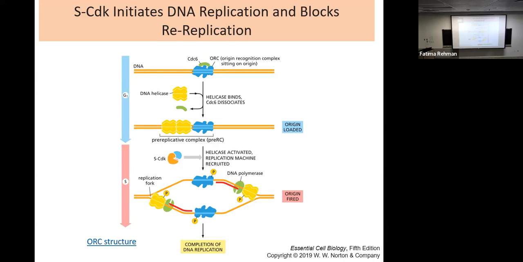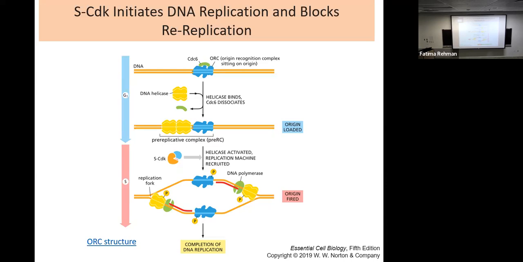Now, it doesn't just have to do this. It started the process, but it also has to make sure it doesn't continue to happen. So this activated S-CDK will also block replication from happening more than once. Once replication has started, the DNA helicase comes in, it's unbinding the DNA, all that stuff is happening. It is going through the pre-replicative process. One of the things the activated CDK will do is phosphorylate your CDC6 proteins and other proteins at the origin of replication, so they can no longer be reactivated.